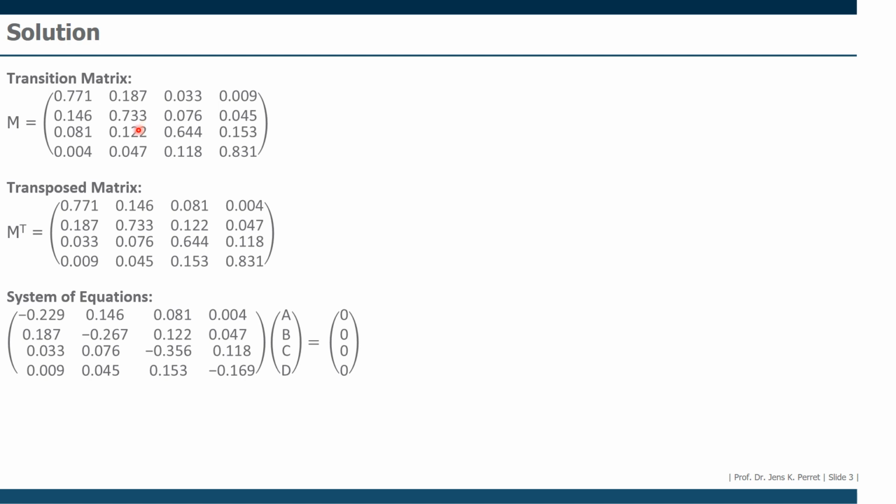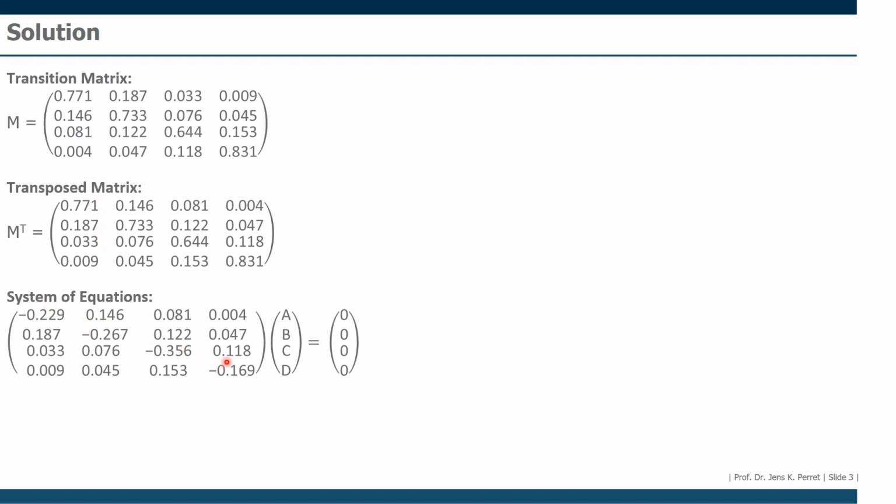Because if we look closely, here on the diagonal, we have these elements, and those are all negative. We get this matrix if we subtract the unit matrix from the original transposed matrix. So on the diagonal we have the original values minus 1.